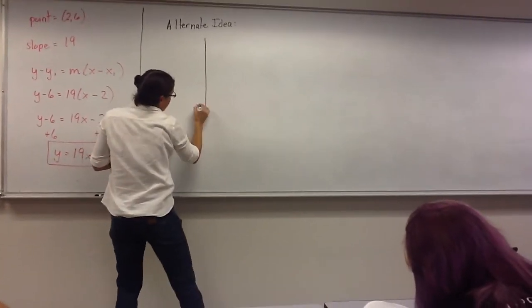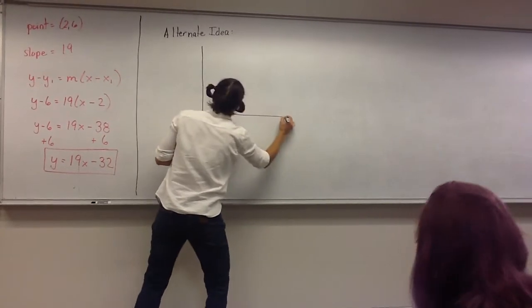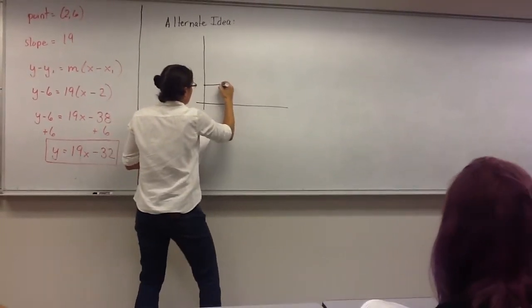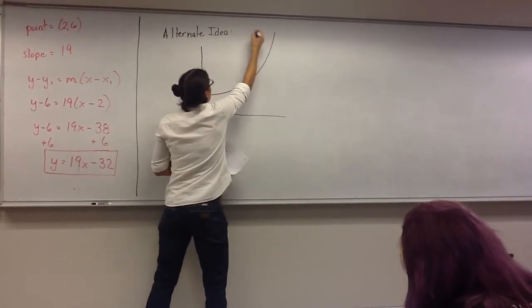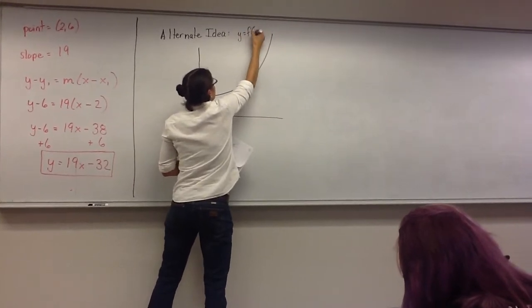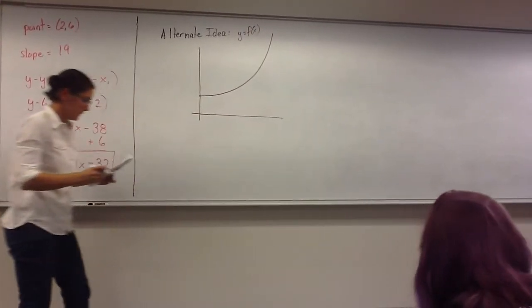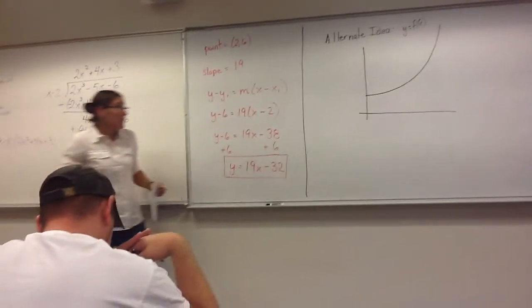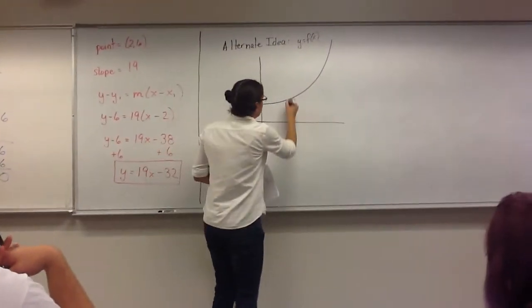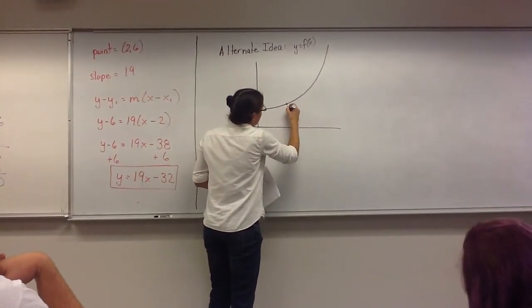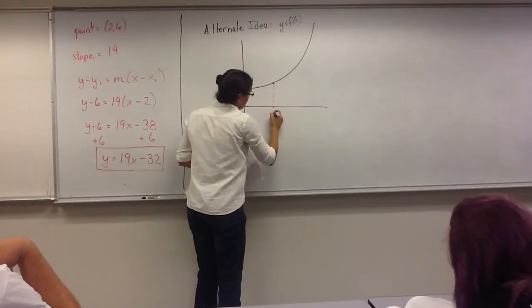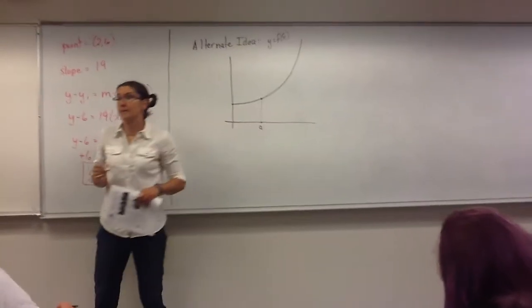The alternate idea starts out exactly the same way. We have a function described by y equals f of x, and we are interested in finding the slope of a tangent line at an x value of a.